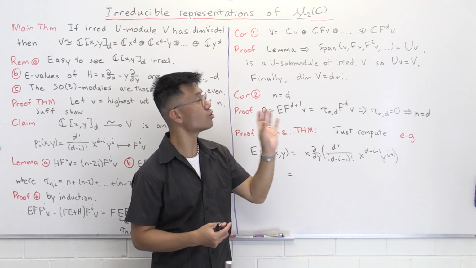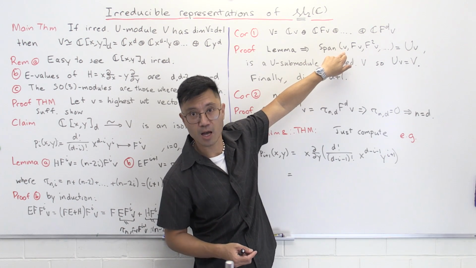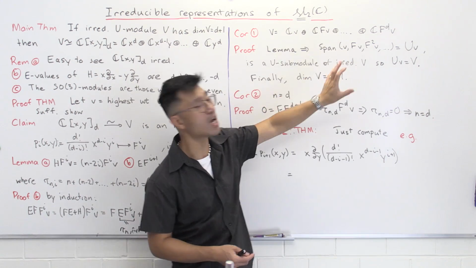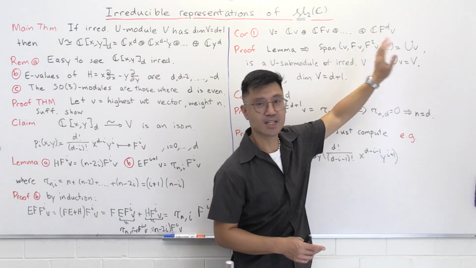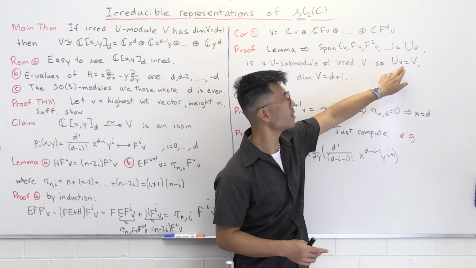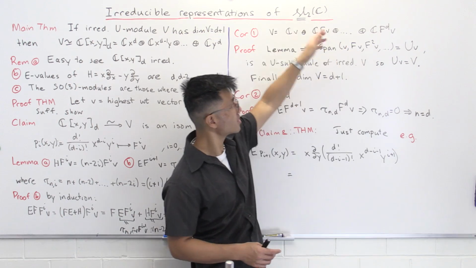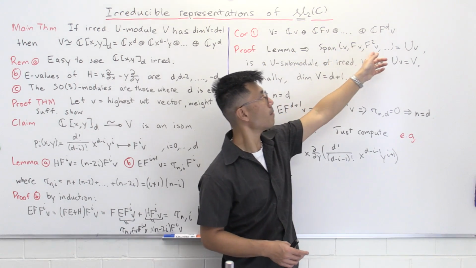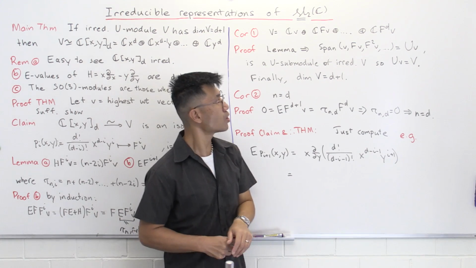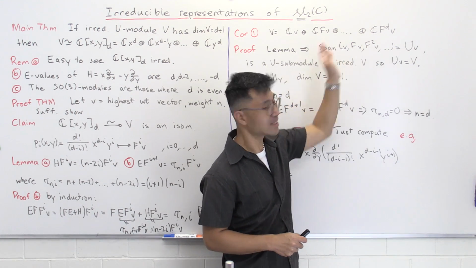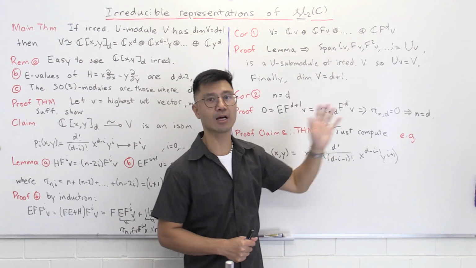Okay, so that means that you get a U submodule, but V is irreducible, and you've got this non-zero element, this highest weight vector, which is an eigenvector in here. So in fact, it has to be the whole of V. So basically V is just the cyclic module generated by this highest weight vector v, and in fact you can say how it generates. It's given by just these powers of f times this v. Of course, these all lie in distinct weight spaces, so they're going to be linearly independent until eventually it gets 0.